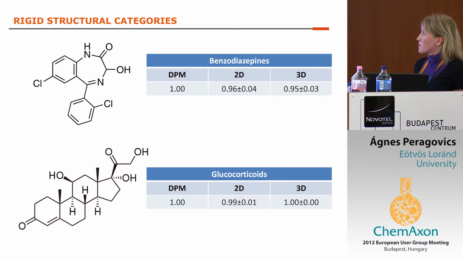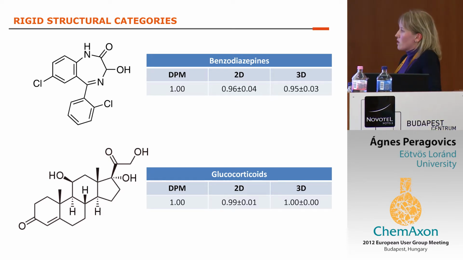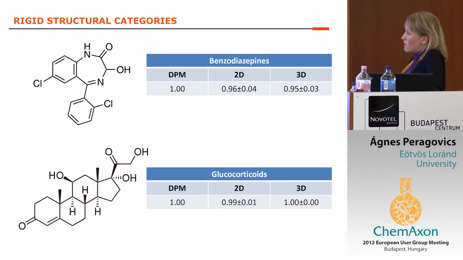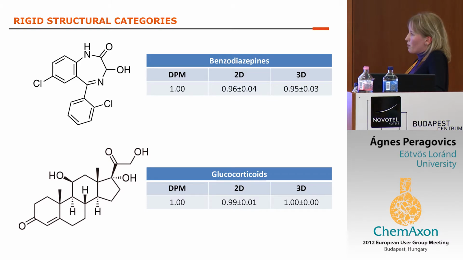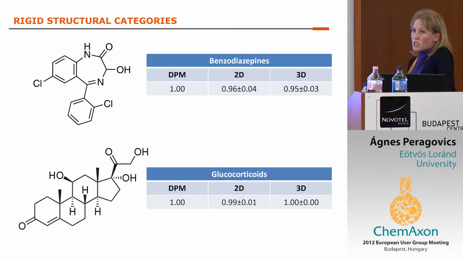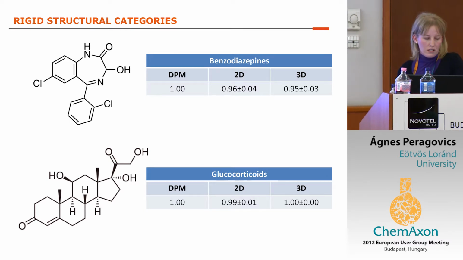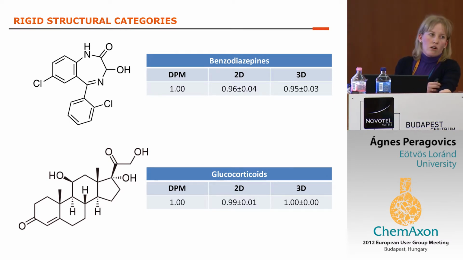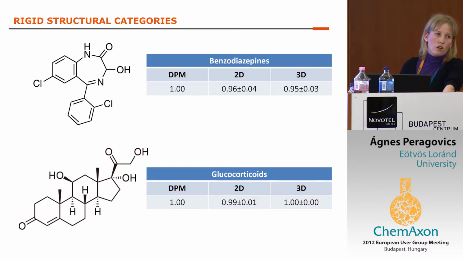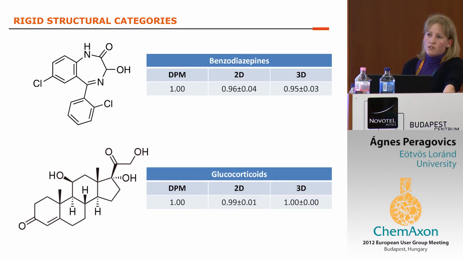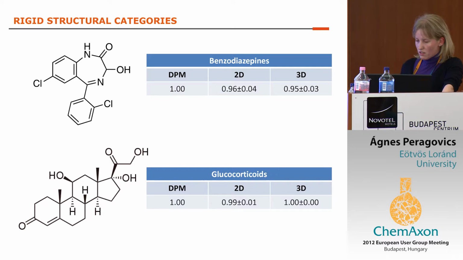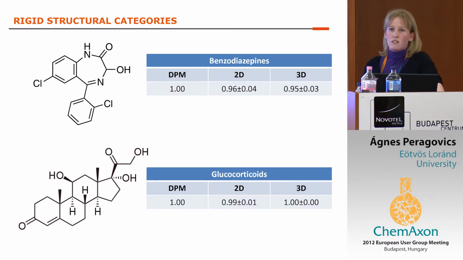And so all of the three methods did very well for these effects, and almost perfect classification was obtained by all of the three methods. So we can conclude here that the more complex drug profile matching method is not required in these cases.